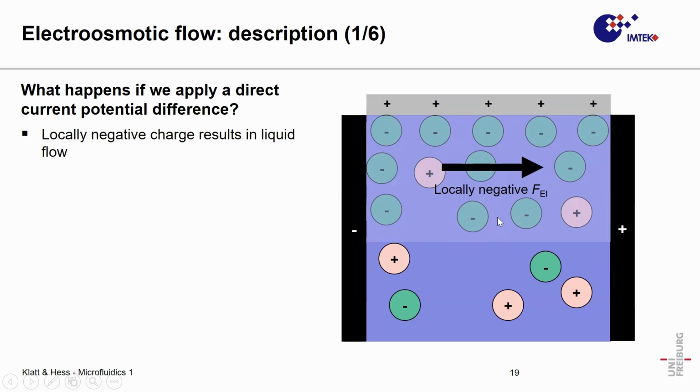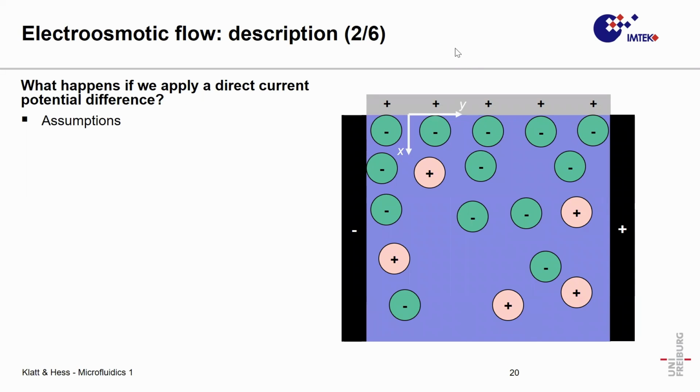And this is how this local charge due to the dielectric double layer results in a flow profile in the direction of the electrodes. How can we describe the velocity profile originating from the dielectric double layer?